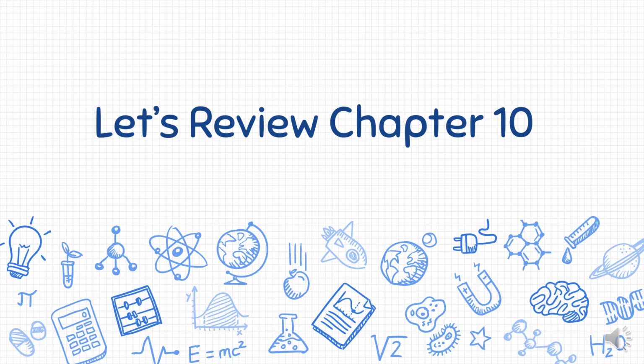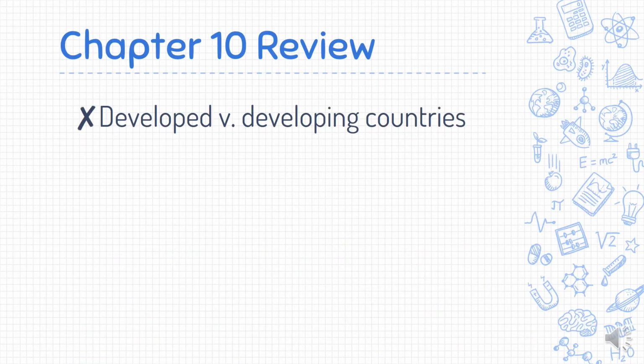So let's get started. The first thing that I just wanted to review with us is the difference between developed and developing countries. We talked about a common acronym, MDCs and LDCs, and MDC is a more developed country, and typically they are more productive because they have more access to technology. So this would be like the United States, Canada, European countries.